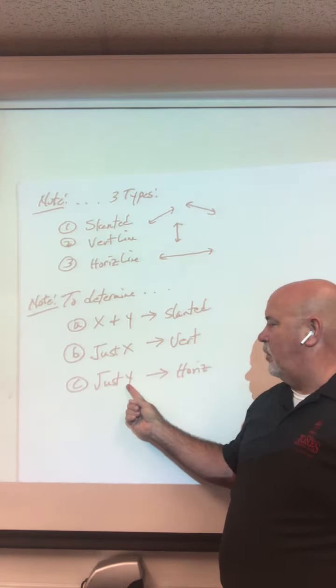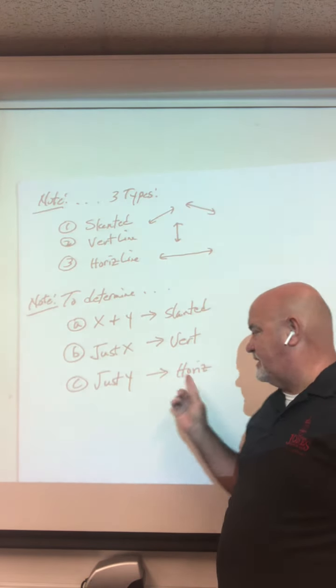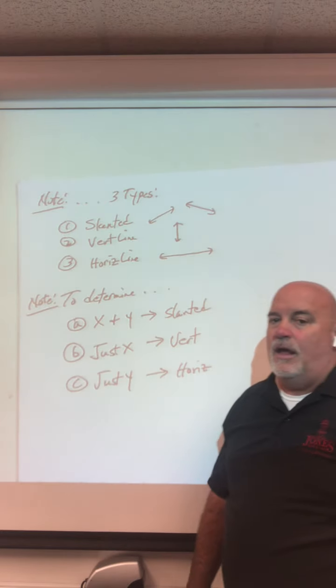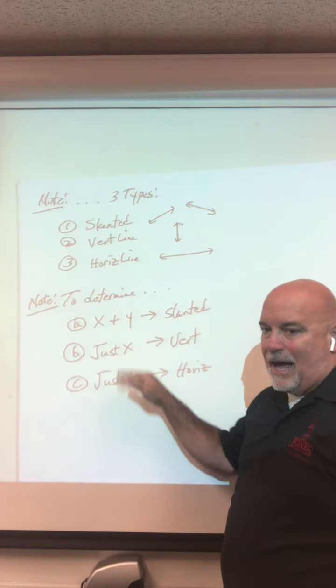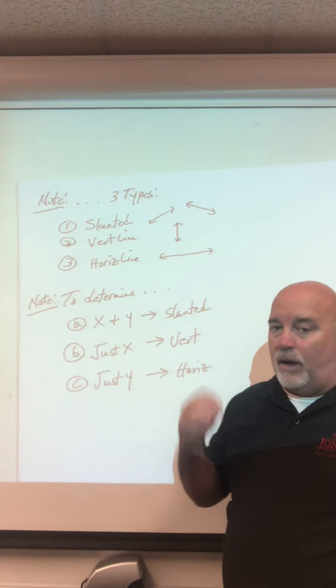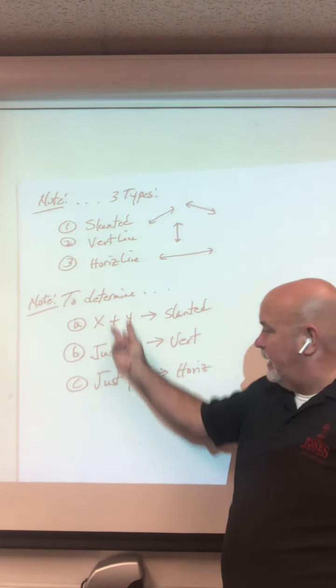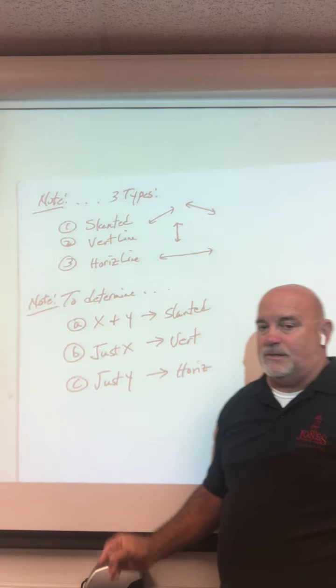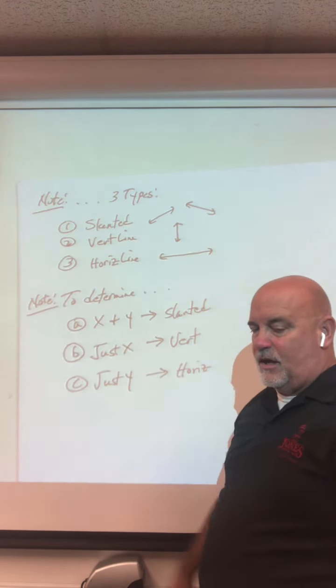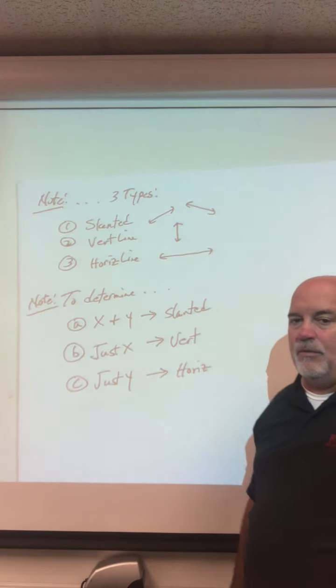And if it has just a Y in it and no X in it, if it's to the first power, it looks like this. Now, I will explain why a little bit later on. But it would be well worth your time to memorize this. But now remember, the X and Y have to be to the first power. That's the whole preface to this statement right here.